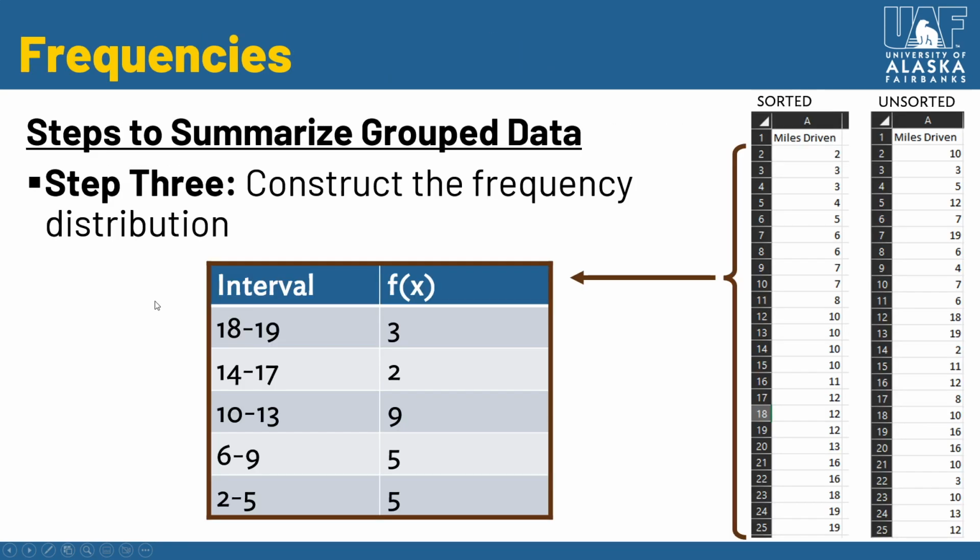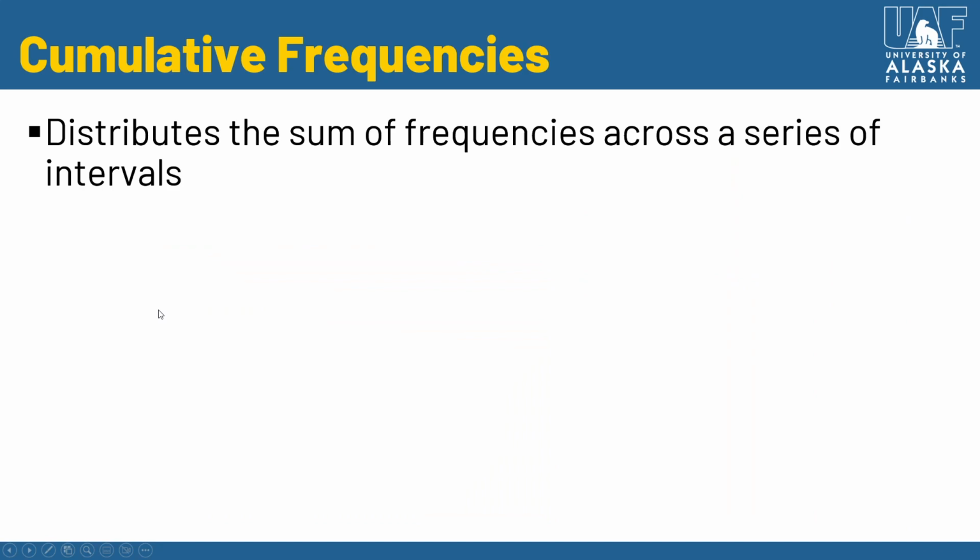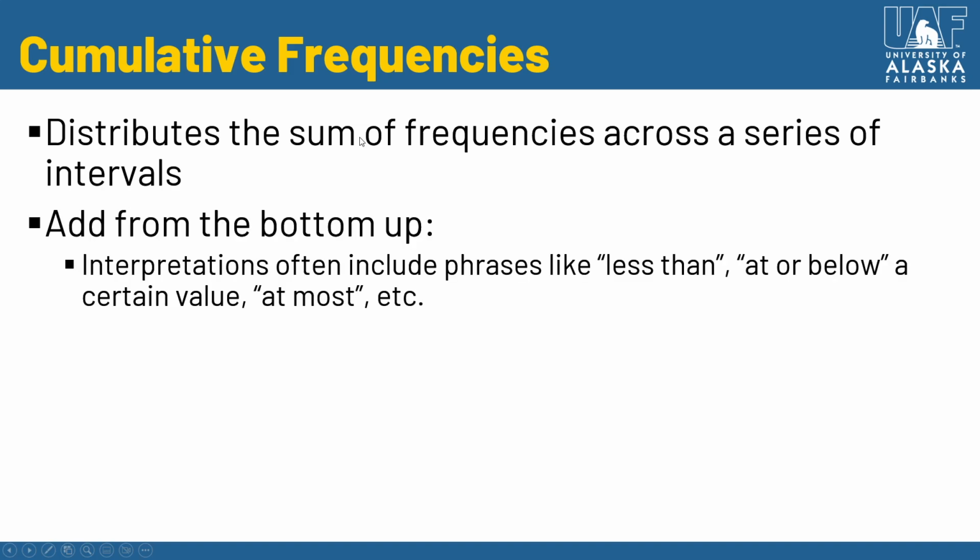Now we need to cover a few more topics. Cumulative frequencies. Cumulative essentially means the lump sum, or the grand total as we're continuing to add things to it. And so this is just another example of a distribution. I'll show a table of it on the next slide.